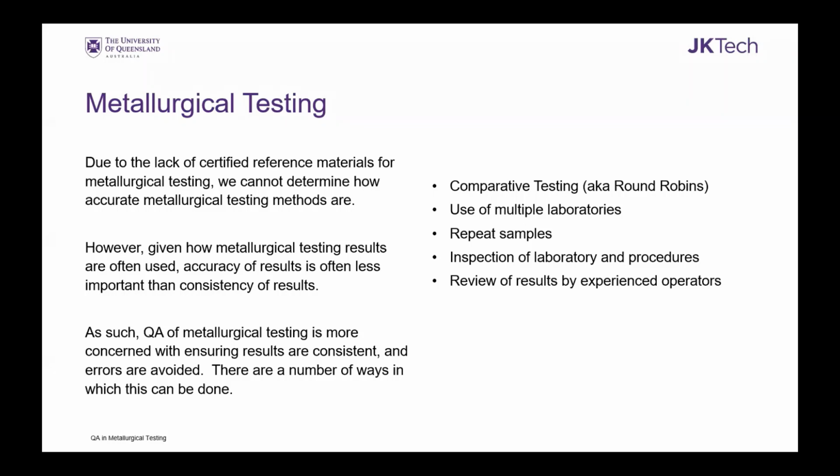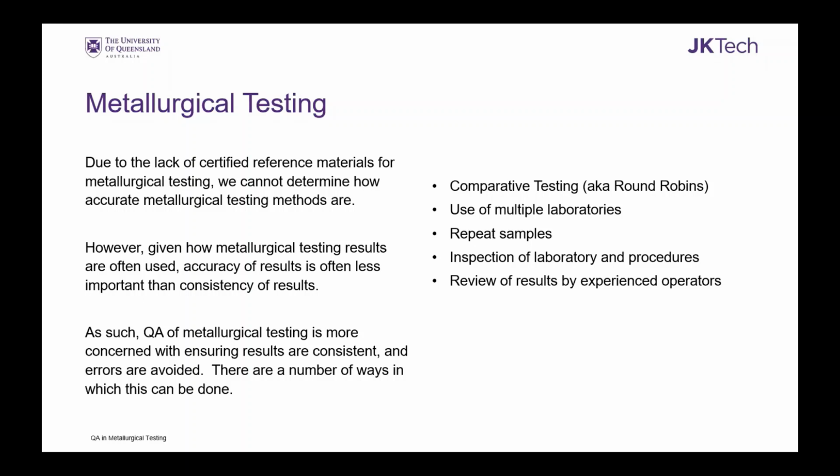Following on from this, we'll talk about a number of ways, both in what can be done and also how we can look at accuracy without those standard samples. The techniques we're going to discuss are, first, comparative testing, aka round robins.